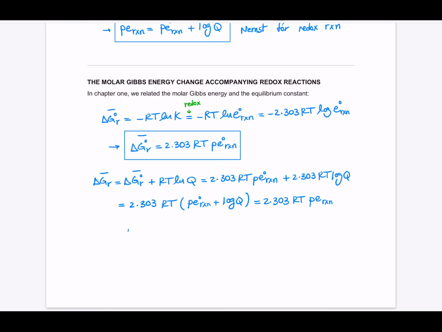So we get delta G of reaction to be 2.303 RT PE of reaction.